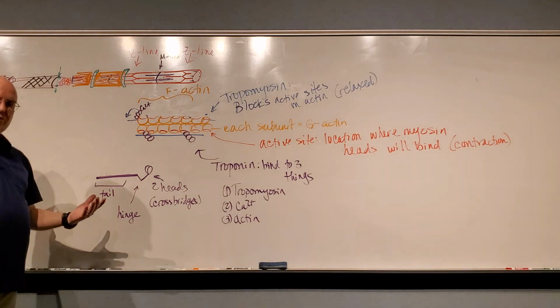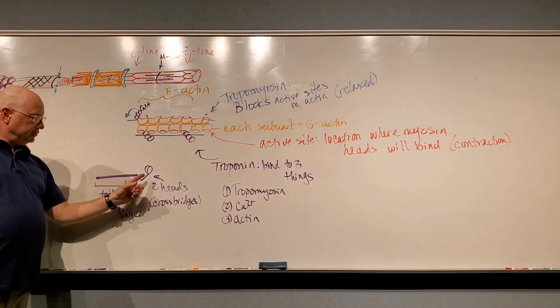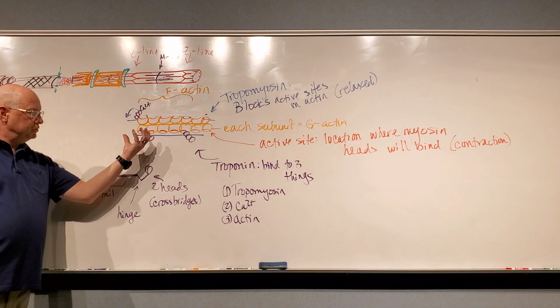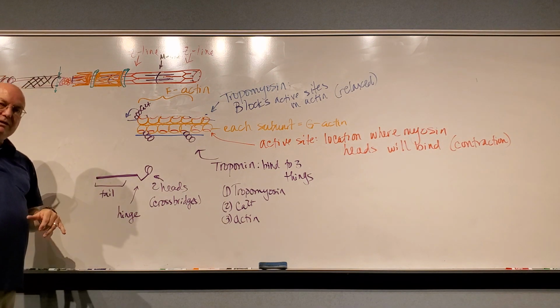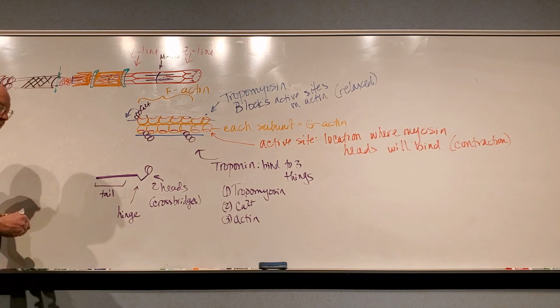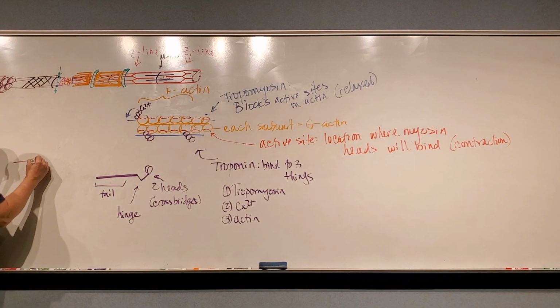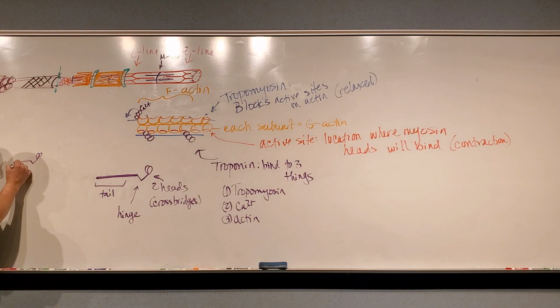So the myosin molecules, the individual molecules, have two cross bridges or heads which bind to the active site, the hinge, which allows for flexing and the power stroke, and the tails. And it turns out that if I look at them, a number of these molecules are sitting like this.